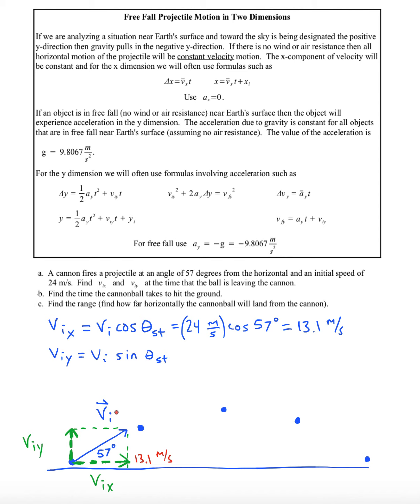And keep in mind that VI has a magnitude of 24 meters per second. Now let's find the vertical component. It's 20.1 meters per second.